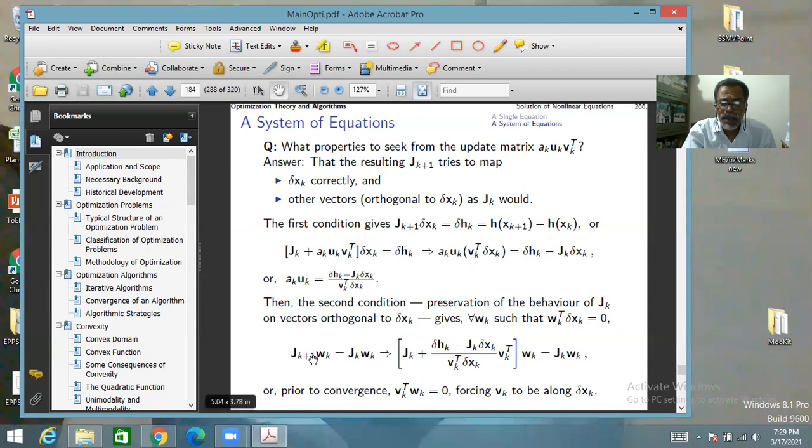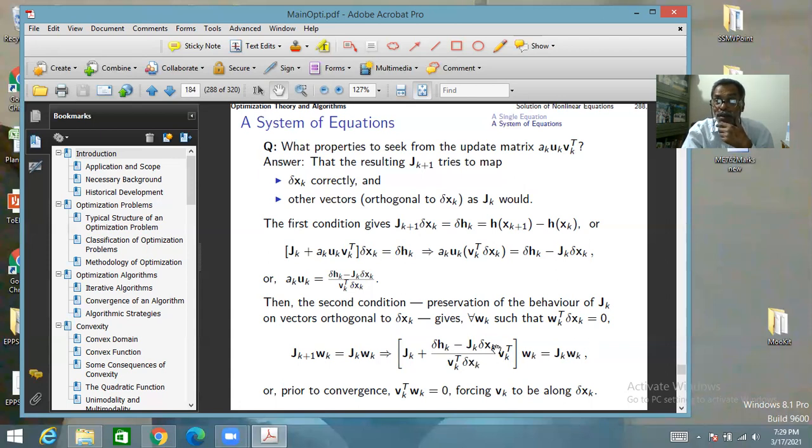And in place of Jk plus 1, now we write this, but here for Ak Uk, we put this thing. And then when you say these two are equal, then on this side Jk wk will get cancelled with this Jk wk. And what remains is this thing, that is what we know as Ak Uk, into this scalar Vk transpose wk. And that is 0 because Jk wk cancels out. This is the only term.